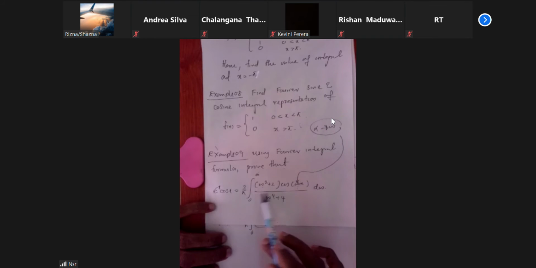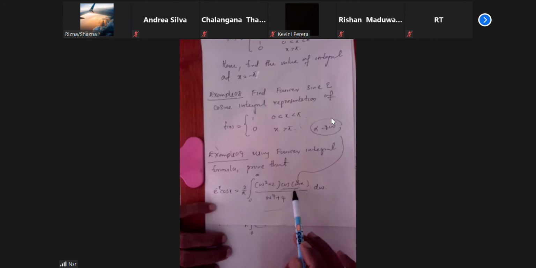The question asks to show this. When you look at this example, you can see this integral depends on cos omega x. Cos omega x means exactly that this is the Fourier cosine integral representation. That's what is being asked.